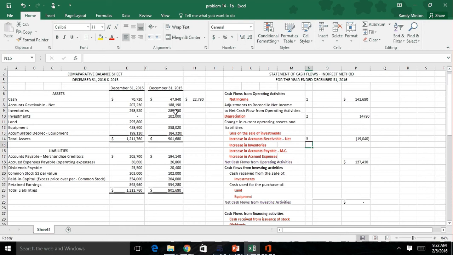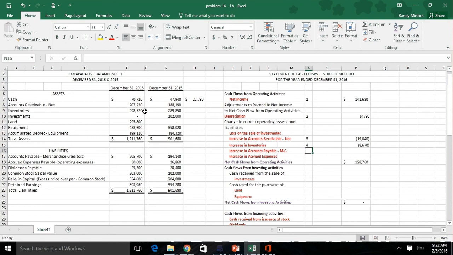So that indicates an increase in inventories, which is basically a use of my cash. The alternative would have been a decrease in inventory, in which case it would increase my cash. So here we are now with an $8,670 decrease in cash.